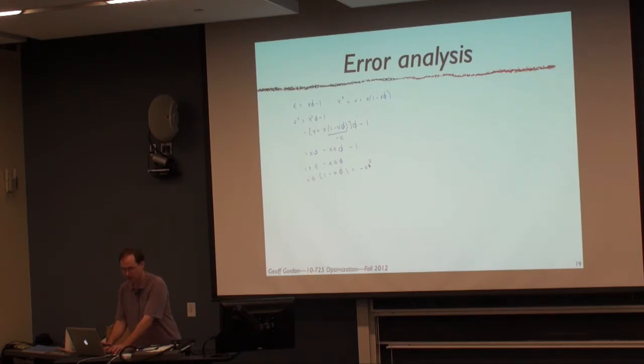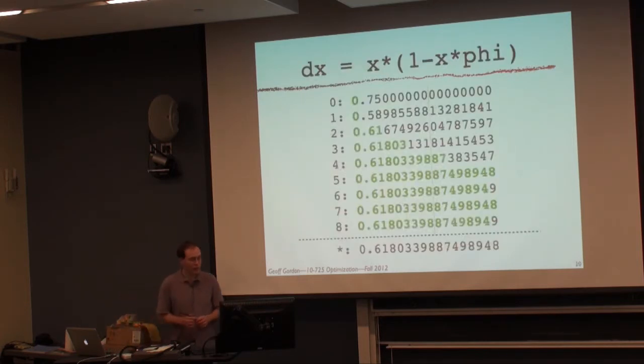And so we know that phi is between 1 and 2, so 1 over phi is between 1/2 and 1. So if we initialize at 0.75, we have error of no more than a quarter. I've just written here the steps of Newton's method, and I've put in green the digits that are correct.